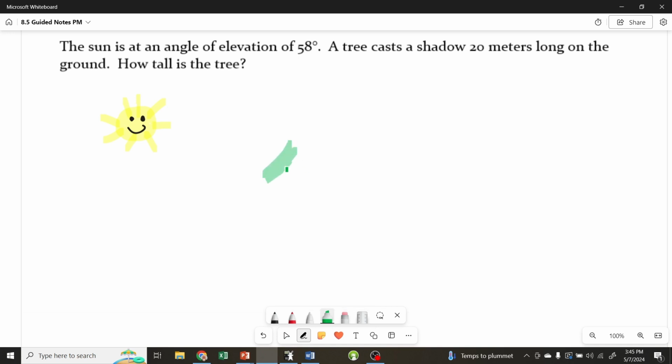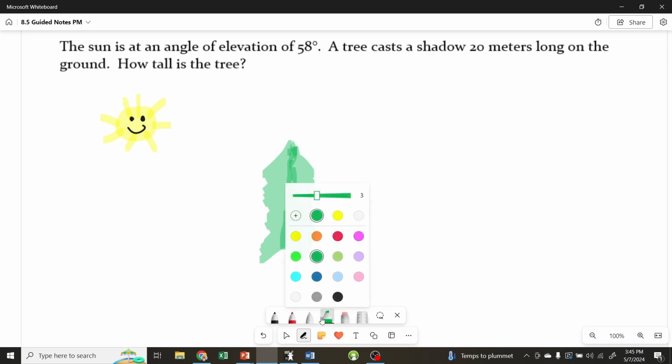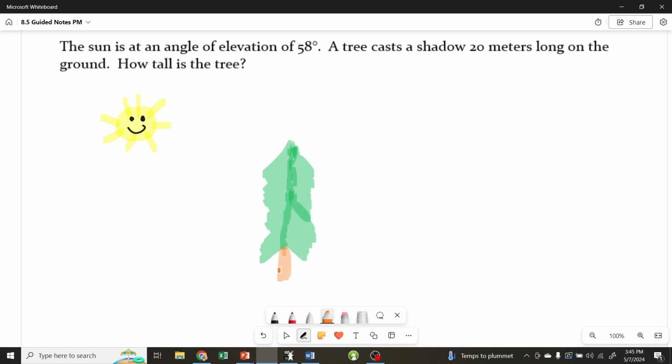And this is a stately pine tree who lives right here. Right? And you know what I'm going to need to do?